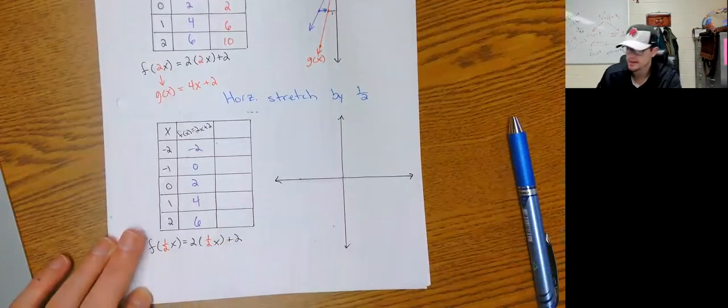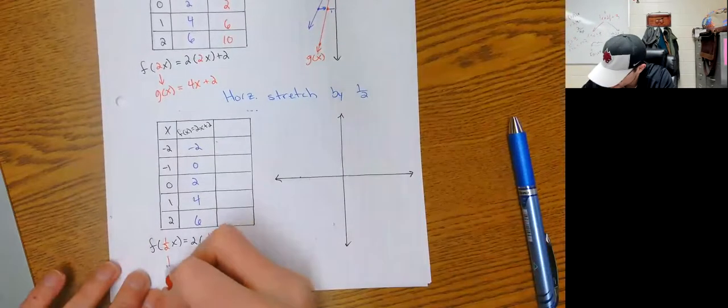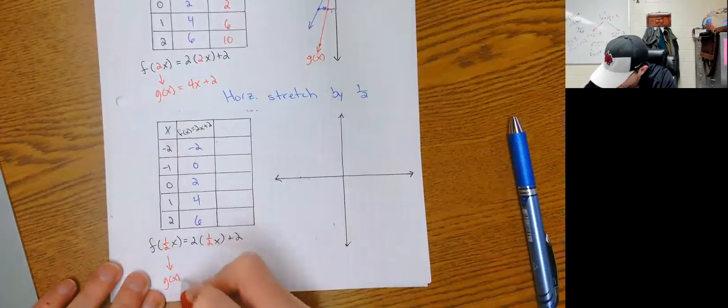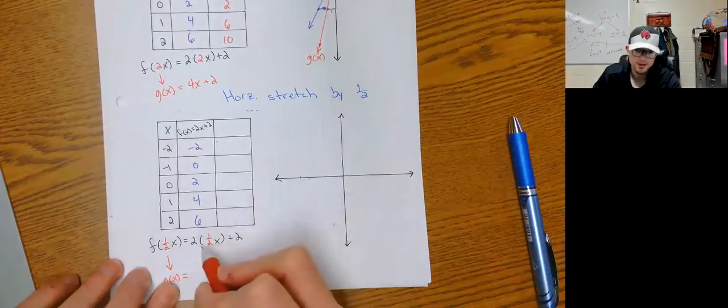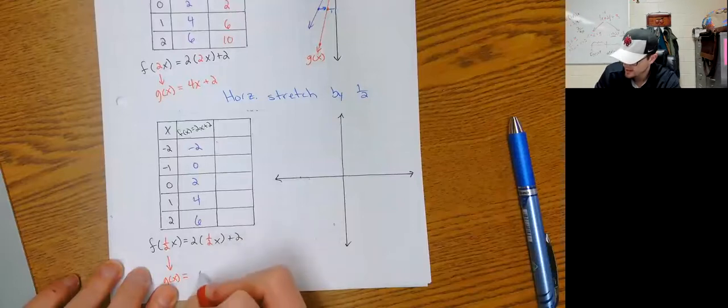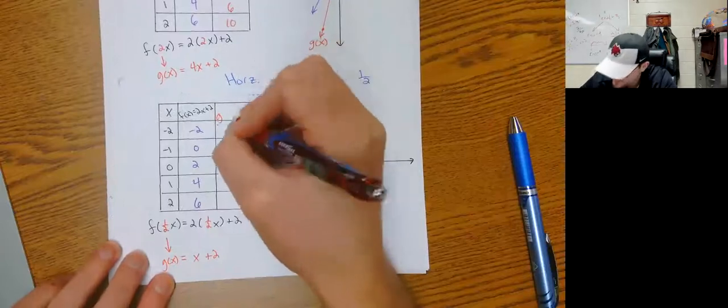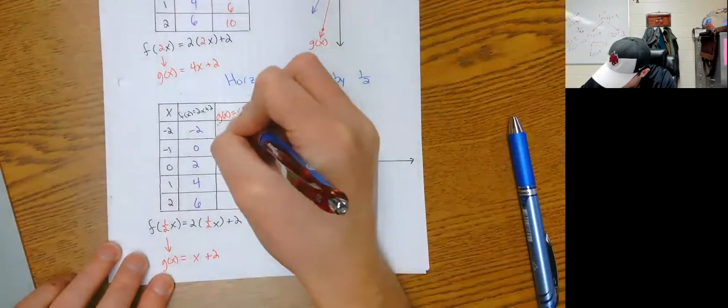We're multiplying the inside because that's the rule. So this is going to change to g of x. Well, what's 2 times half x? Well, 2 times half of 2 is 1, so we just get x plus 2. So g of x equals x plus 2.